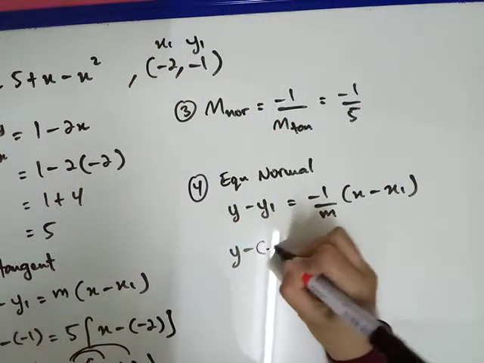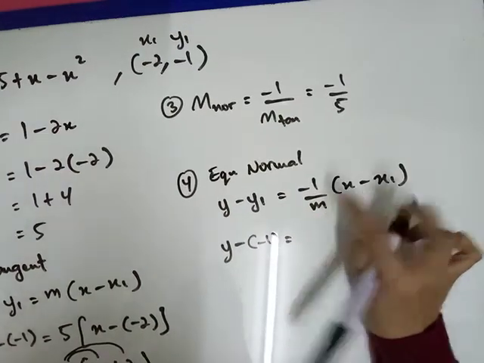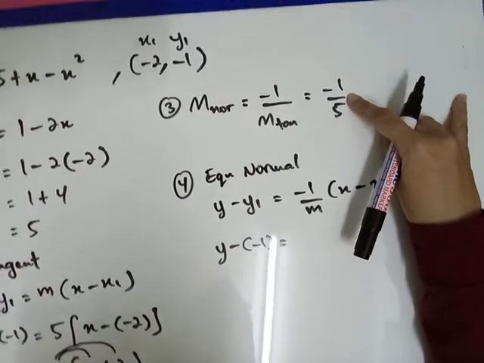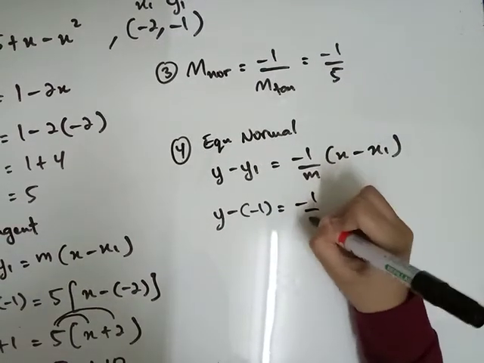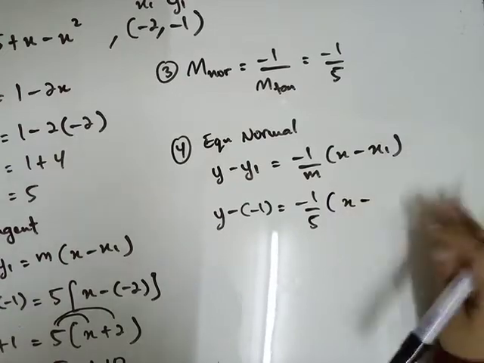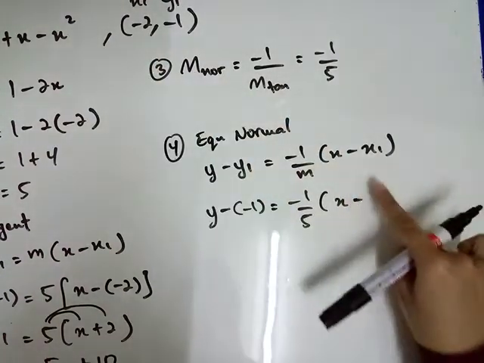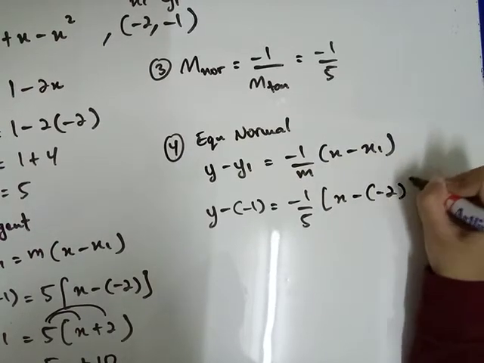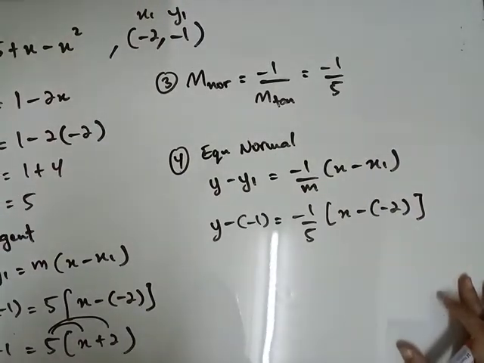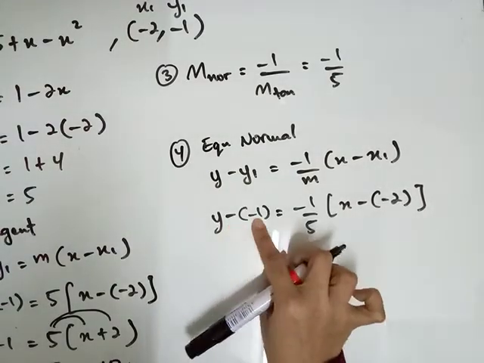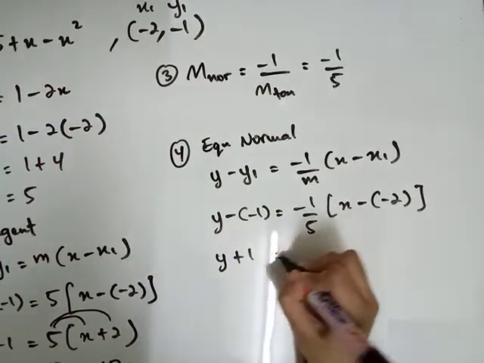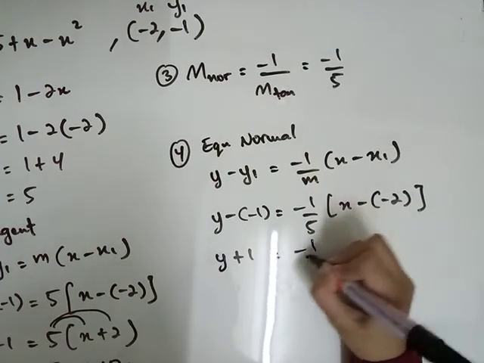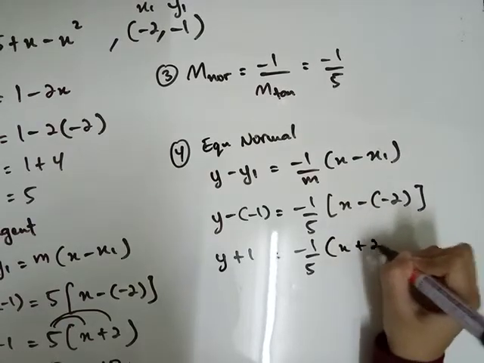Negative 1 over m is the gradient for the normal, negative 1 over 5. x minus x1, where x1 is negative 2. Can you see? Then negative positive, so y plus 1 equals negative 1 over 5 times x plus 2.